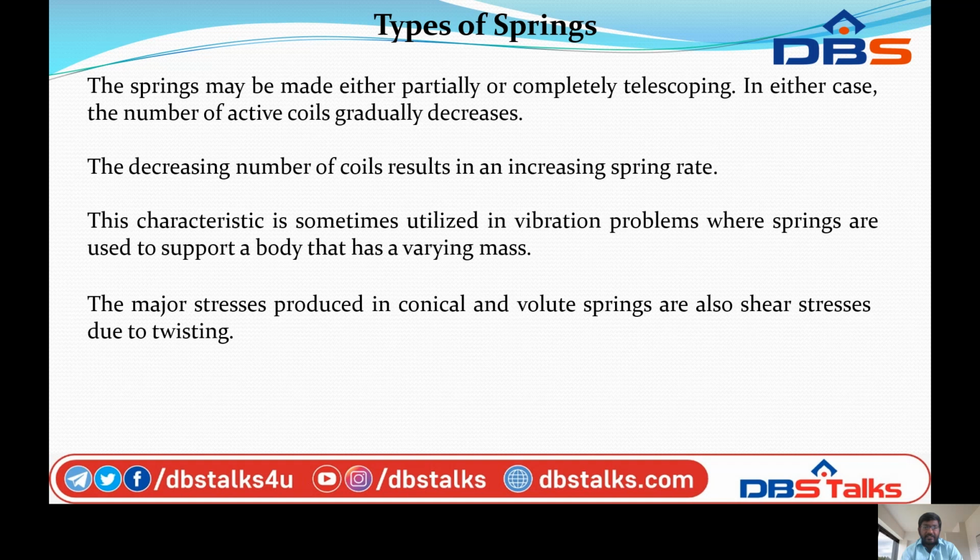This characteristic is sometimes utilized in vibration problems where springs are used to support a body that has varying masses. The major stresses produced in conical and volute springs are also shear stresses due to twisting.